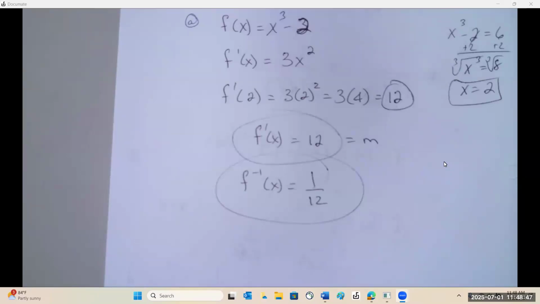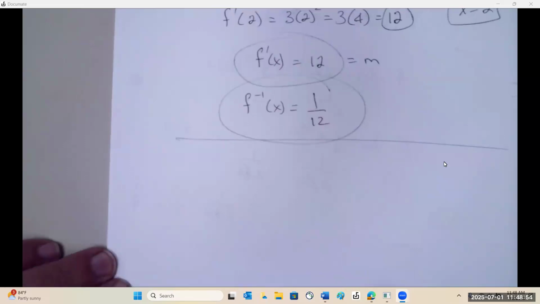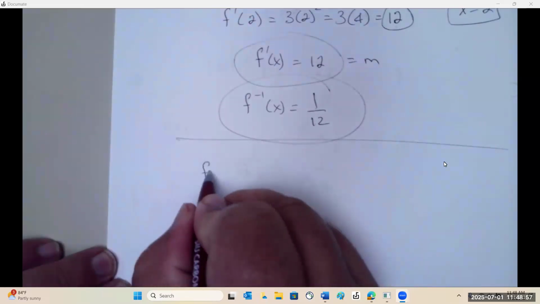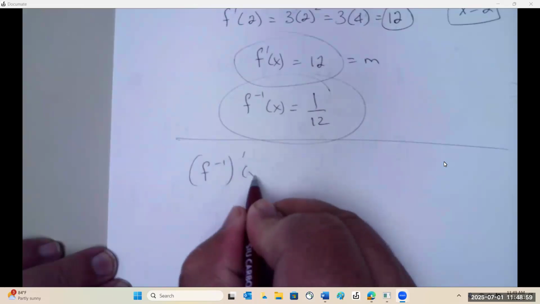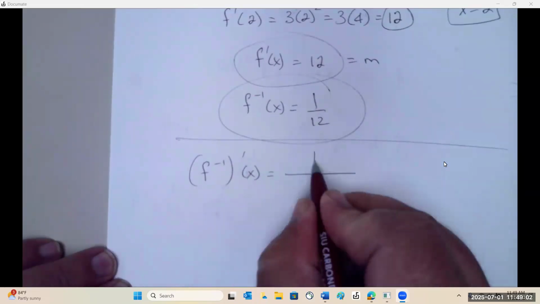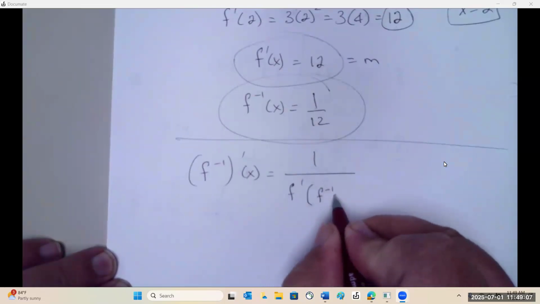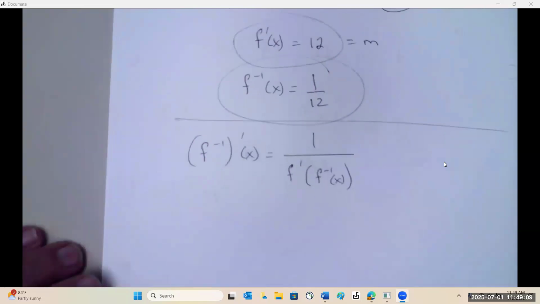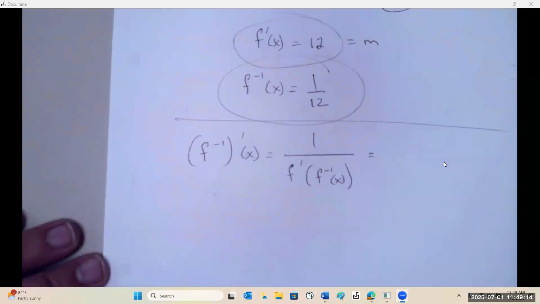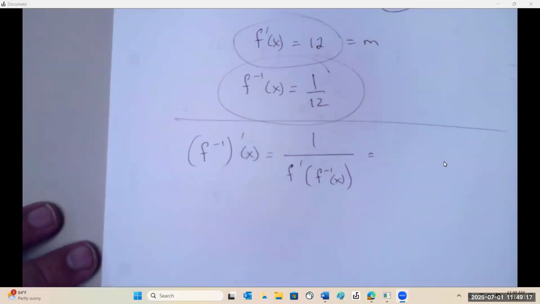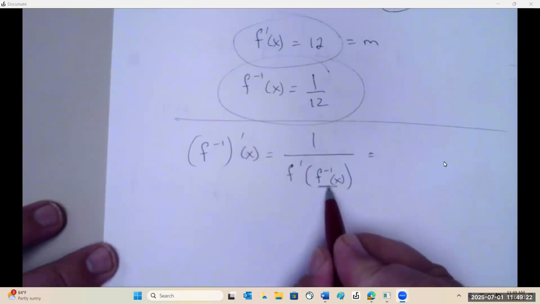Now, how do we solve it using the formula we just learned? Which is the derivative of the inverse is equal to 1 over the derivative of the original function, evaluated at the inverse of the function. So we have to first calculate what the inverse is.